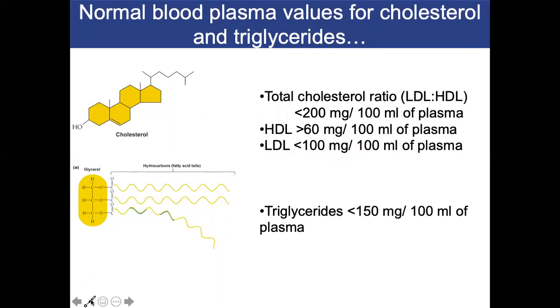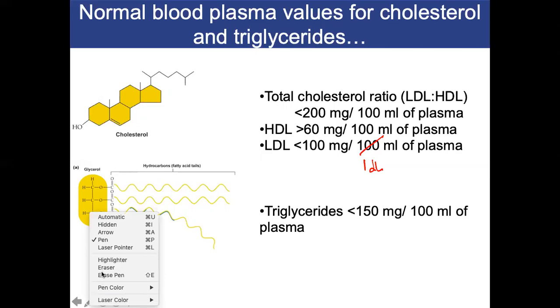We can say this is 1 deciliter. Just so you know, if you hear me saying a deciliter, it's the same thing as 100 milliliters. If you can picture that in your brain. Triglycerides should be less than 150 milligrams per 100 milliliters of plasma.